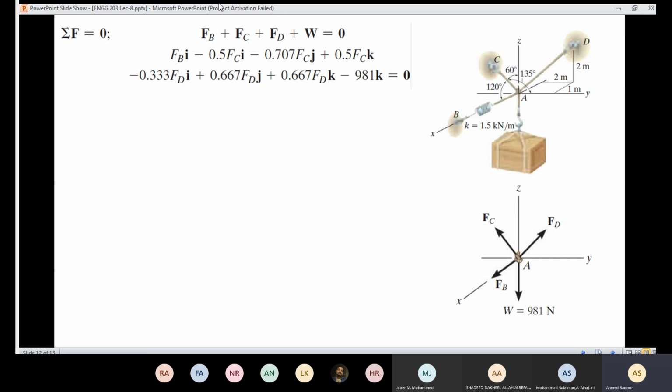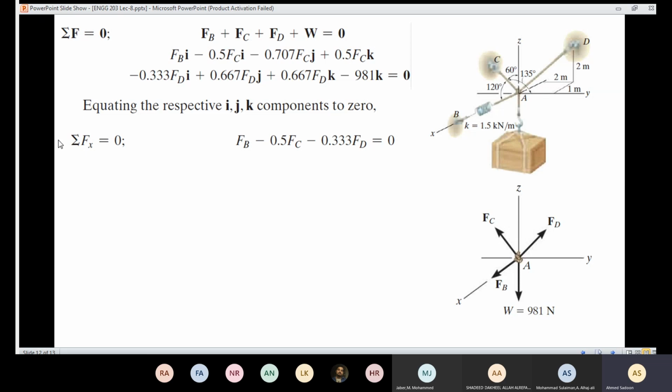Now I'm going to equate the i components to 0. So here is the i component, and this one is an i component, and this one is an i component. I'm going to equate that component to 0.